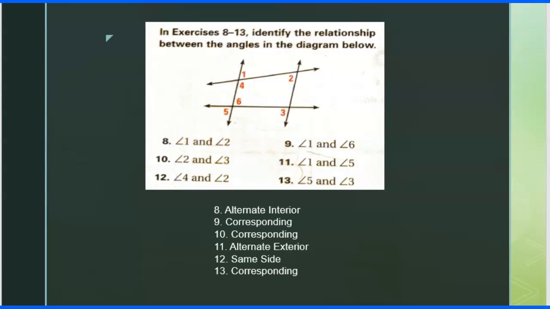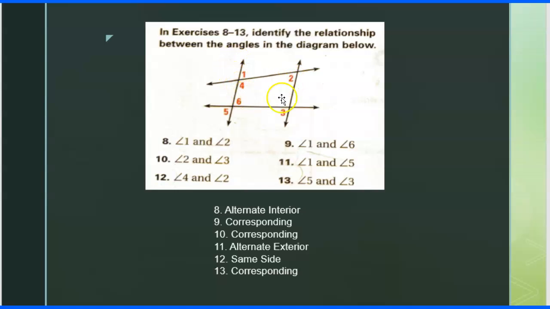Okay, the next one, what they want to find out is if you know about alternate interior, corresponding, alternate exterior, and same side. They want you to know that. So what I suggest is that you pull out your index card if you have questions on the test like this. The first one they ask is about angle 1 and angle 2.